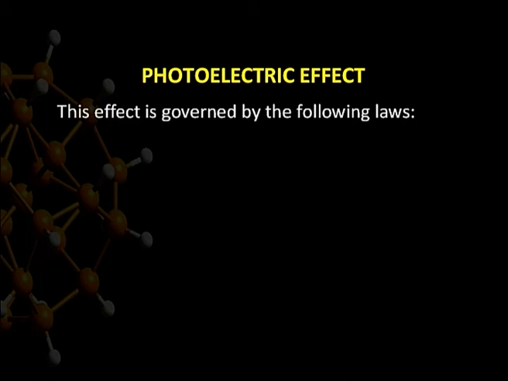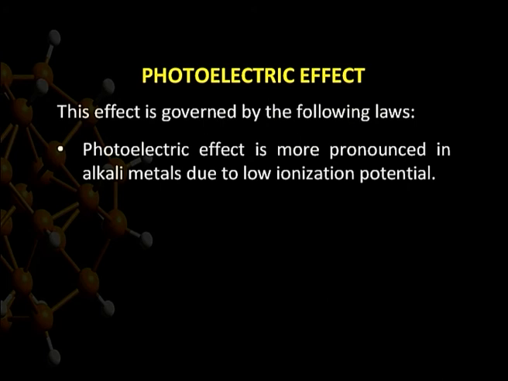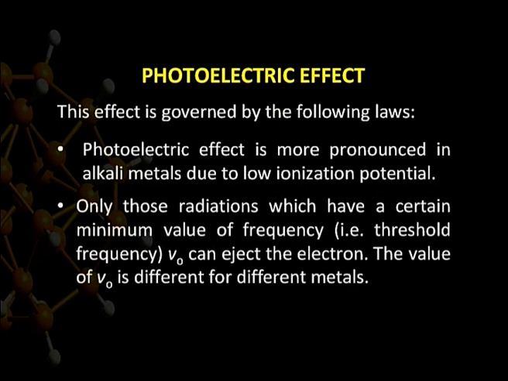Number 1, the photoelectric effect is more pronounced in alkali metals due to low ionization potential. Only those radiations which have a certain minimum value of frequency, that is the threshold frequency nu 0, can eject electrons.